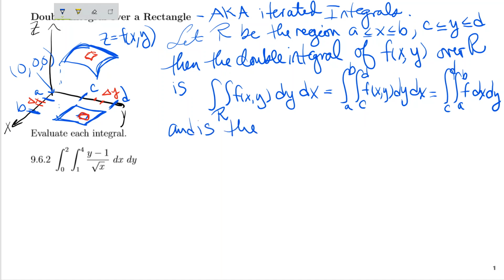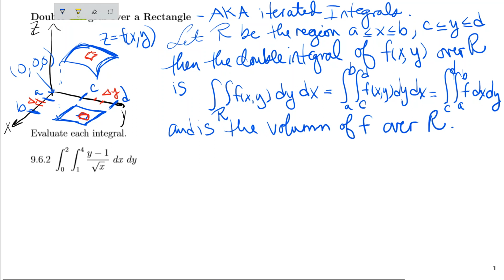the volume of f over R, so like on top of. Let me draw real quick what this is going to look like. This is going to look a little crazy, so highlighter wise, you might not want to draw this.